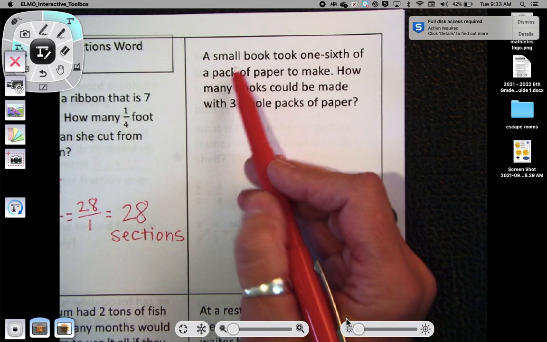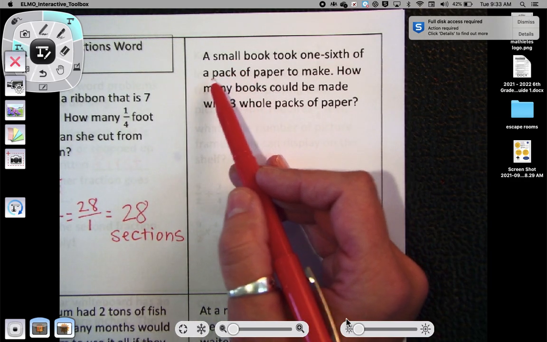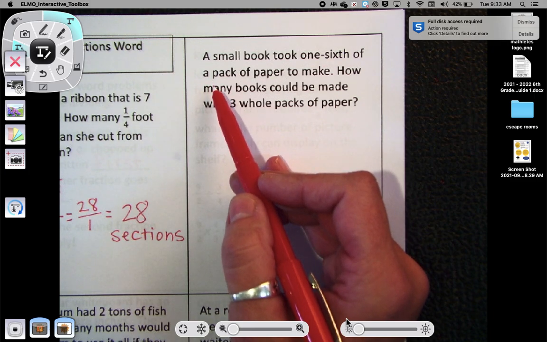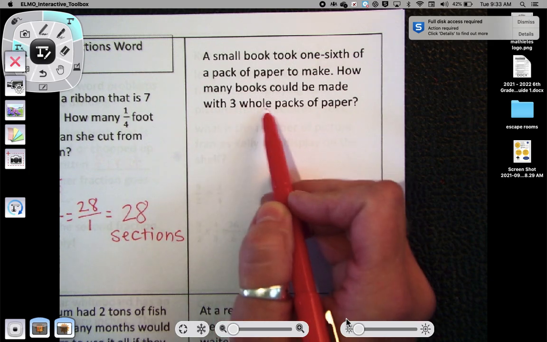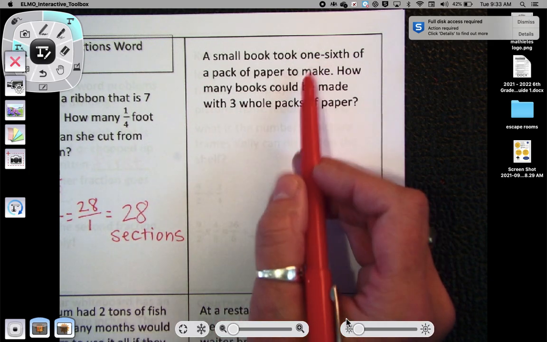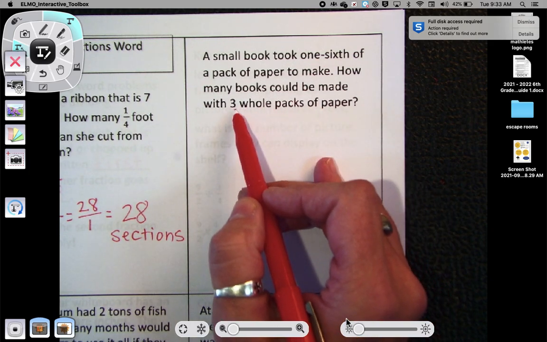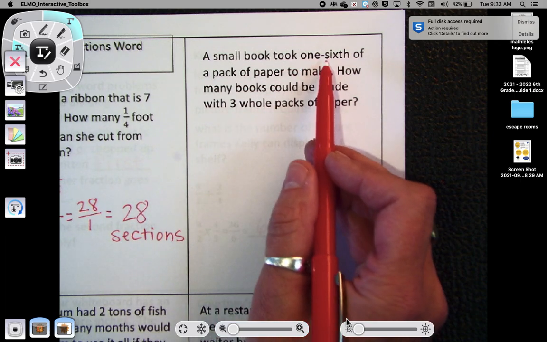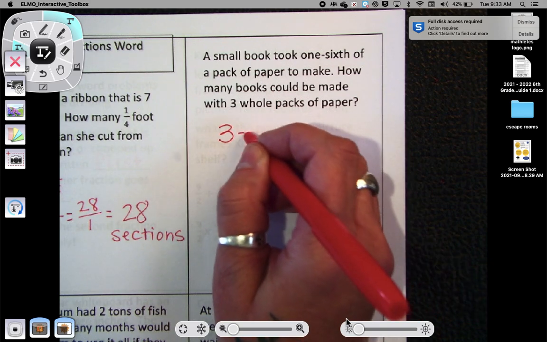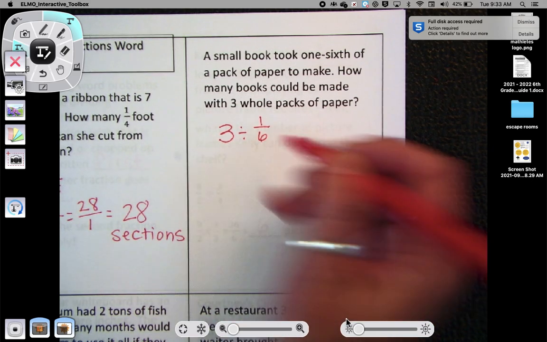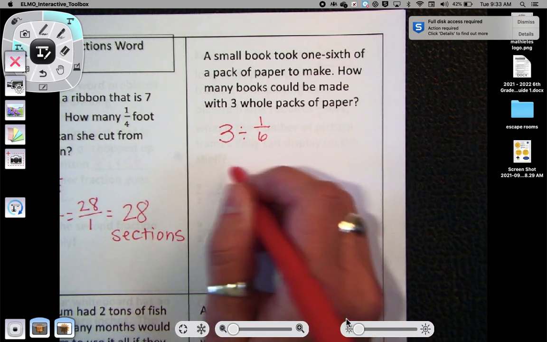A small book took 1/6 of a pack of paper to make. How many books could be made with 3 whole packs of paper? Okay, so are we dividing up 3 packs of paper or the 1/6 to make? We're dividing the 3 whole packs into 1/6 each book.